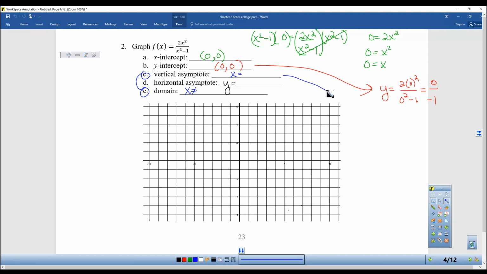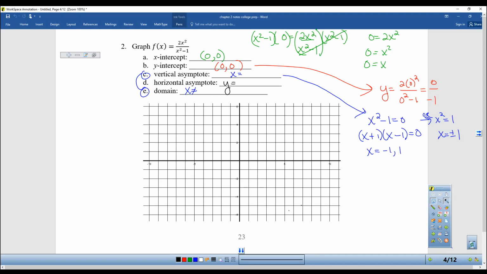Vertical asymptote is whatever makes the denominator equal to 0. So you're going to always set the denominator equal to 0. I'm going to factor, set equal to 0, and factoring is how you always solve. Now I could have, since there was no x term, added the 1 to both sides. That's also an acceptable thing to do. If you're going to forget that plus or minus, you're better off factoring.